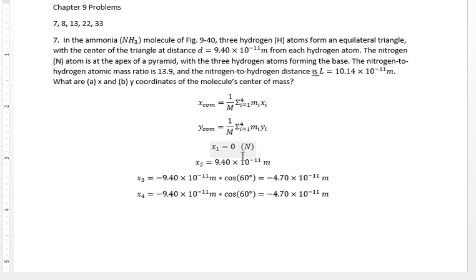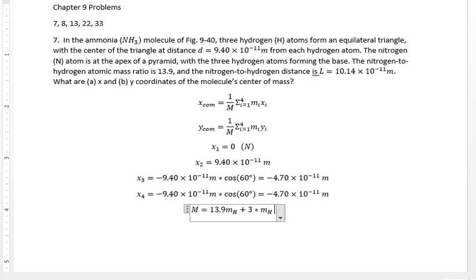Okay, now the mass ratio between nitrogen and hydrogen is 13.9. That's in the problem right there. So that means that our total mass is 13.9 times the hydrogen mass plus 3 times the mass of hydrogen.